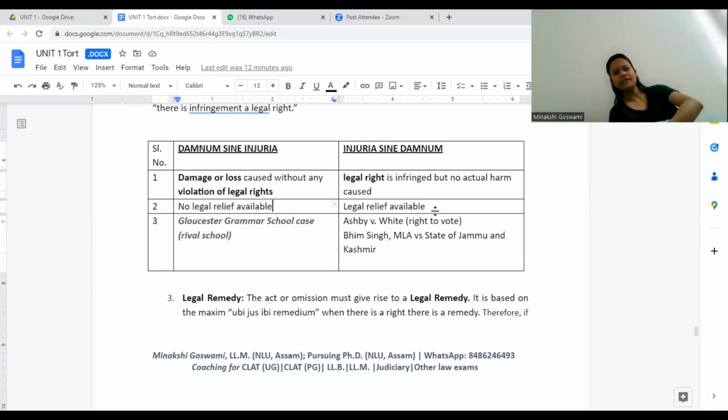Okay, there is one similar case, Bhim Singh MLA versus State of Jammu and Kashmir. In this case, what happened, right? State legislative assemblies have their assembly sessions during a certain point of time, with a fixed timing. Bhim Singh was an MLA and he wanted to attend those assembly sessions.